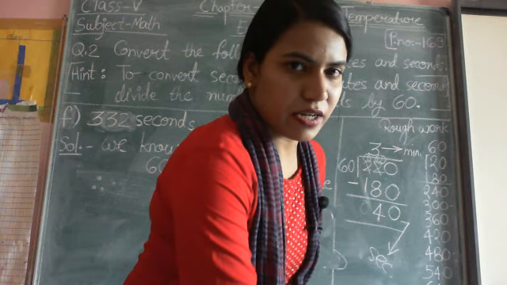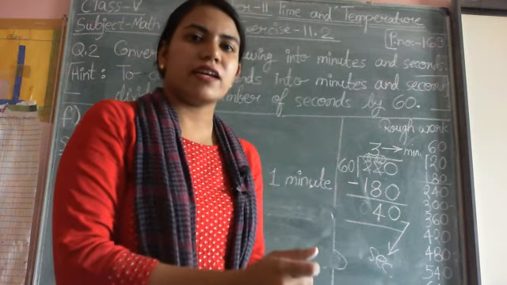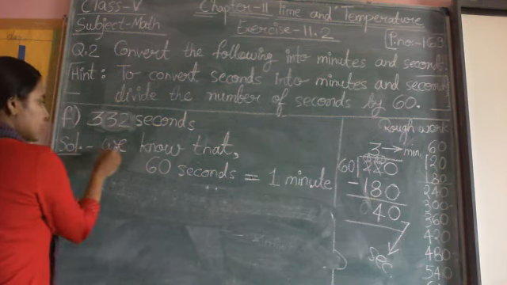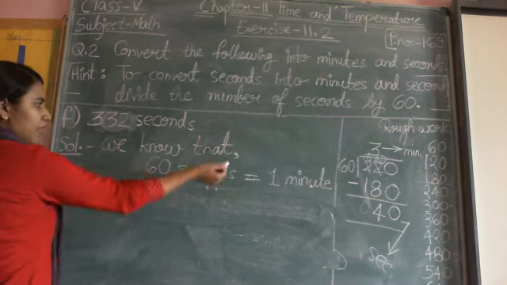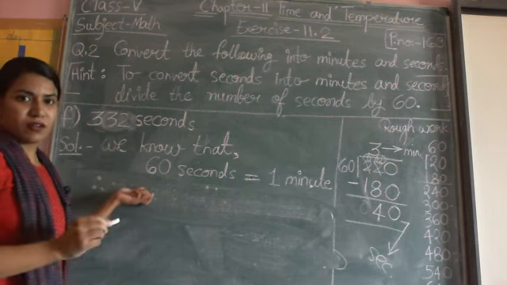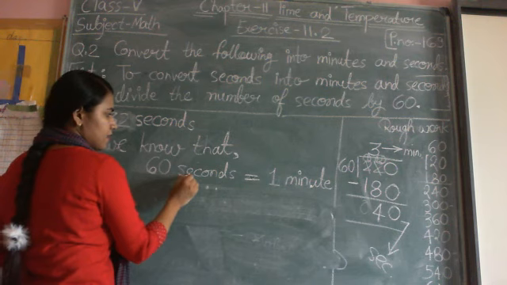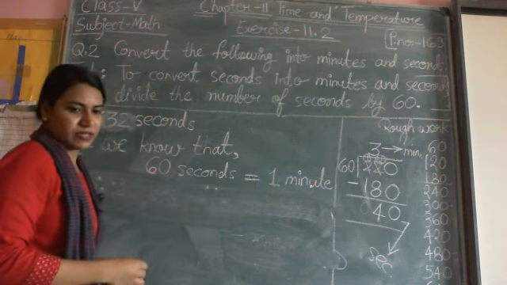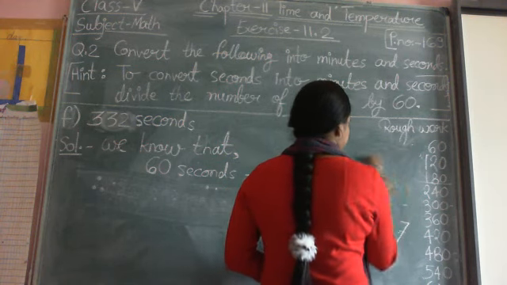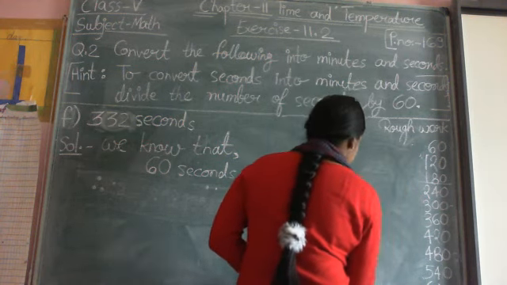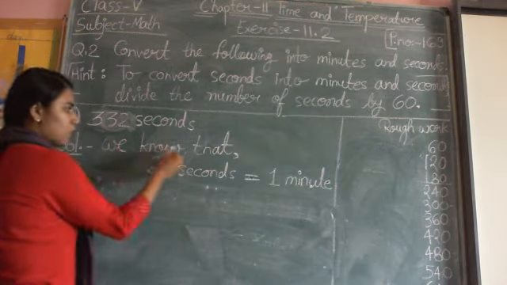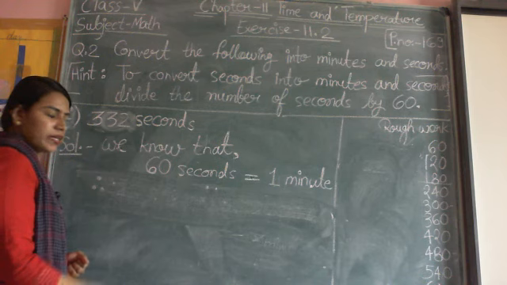To convert the given number, we divide the given number by 60. We remember, in each solution you need to write these 2 lines. We know that 60 seconds is equal to 1 minute.